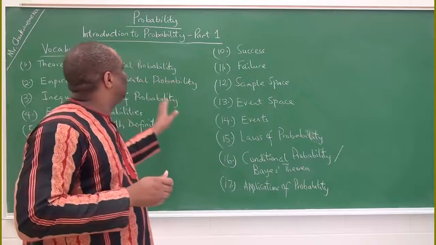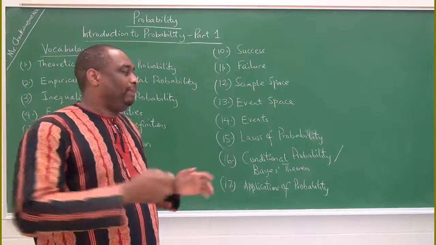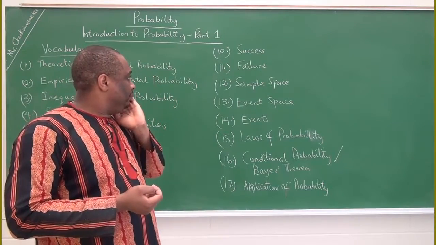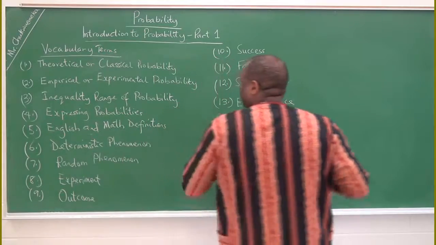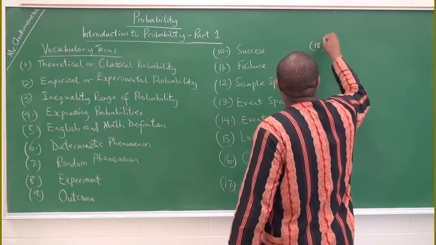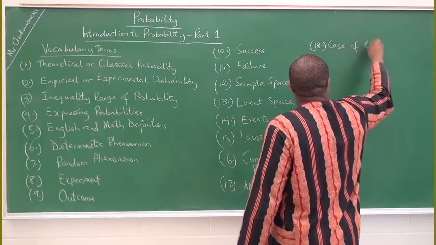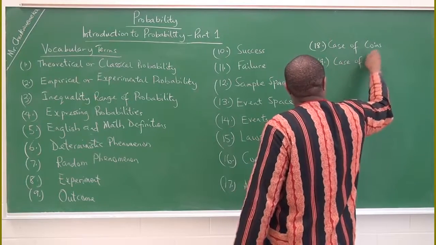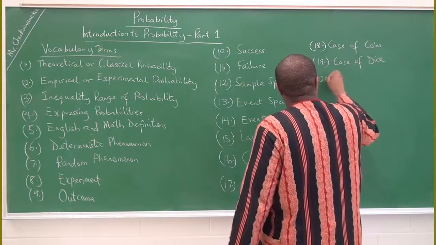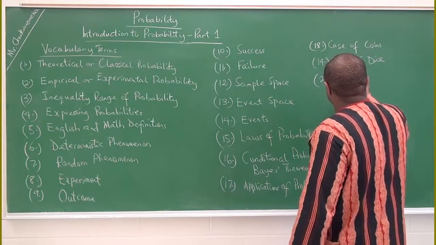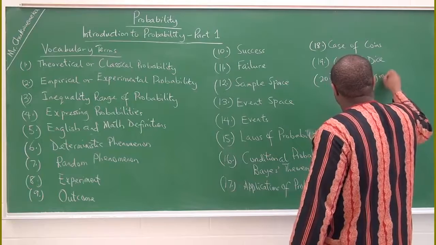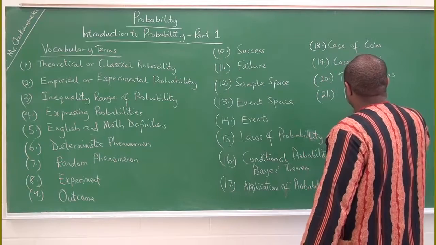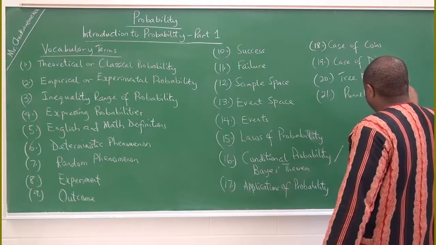So probability is a very broad topic. It's a lot of things we will do. We probably will not follow this in order. We are going to explain it. Let's look at the case of coins, the case of dice, tree diagrams, and Punnett squares.